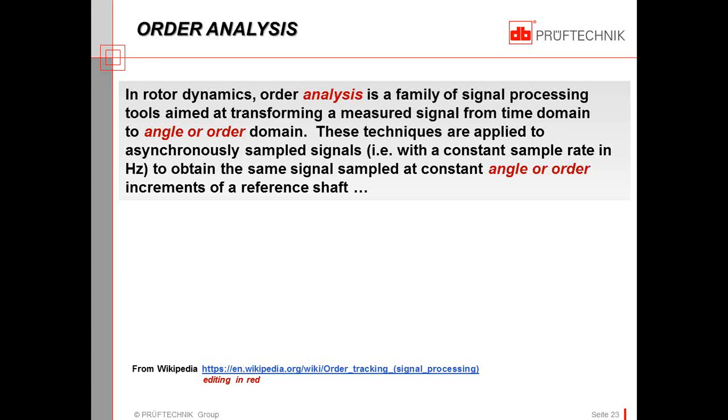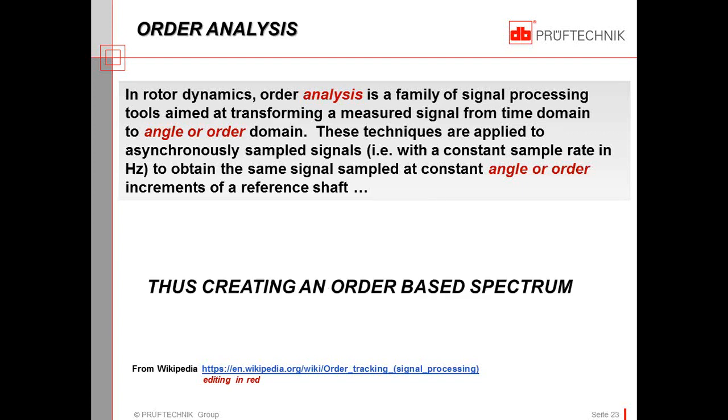But in any event, these techniques are applied to asynchronously sampled signals in order to obtain the same signal sampled with a constant angle or order increments of a reference shaft. And what it results in is an order-based spectrum. And this is extremely useful in our measurements.